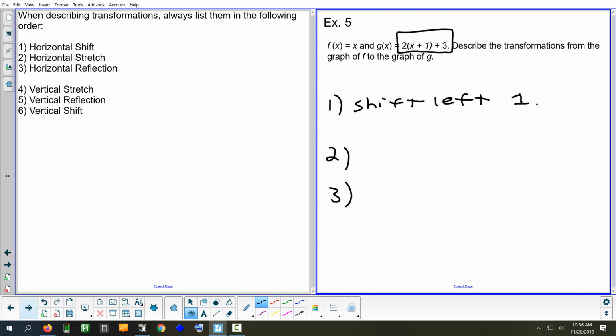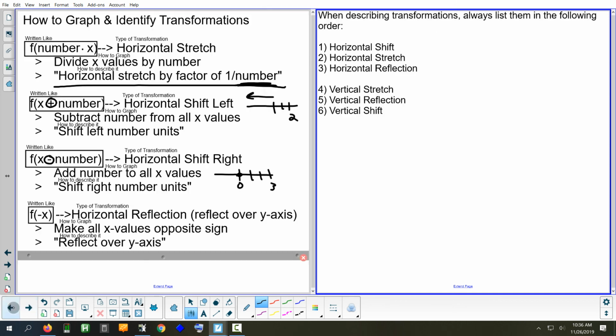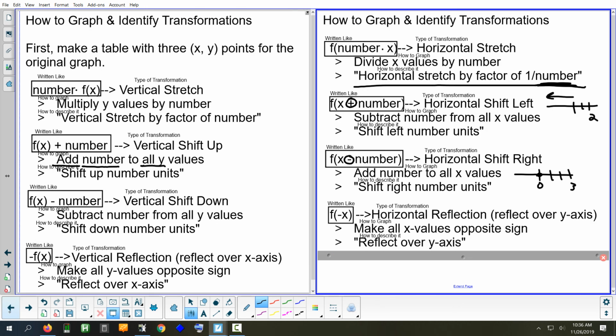Do you have a number in front of the x inside the parentheses? No. There is no number next to x inside the parentheses, so that means you do not have a horizontal stretch, or reflection, because 2 and 3 are the same box. We talked about that yesterday. In order to have a horizontal reflection, you would have to have a negative in front of the x. We just said there's nothing in front of the x. There's no number, there's no negative.